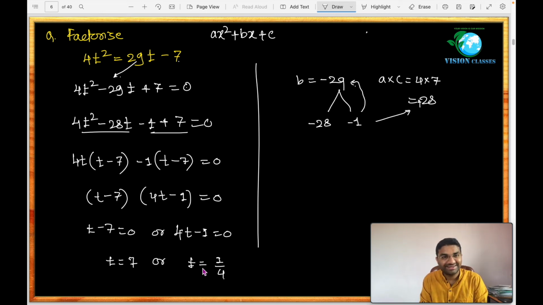Getting it? This is the second type of problem. Now the third type of problem is where you have an expression, say (a − b) and (a + b).